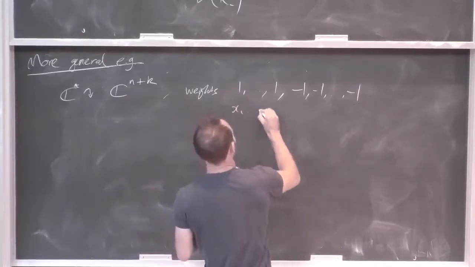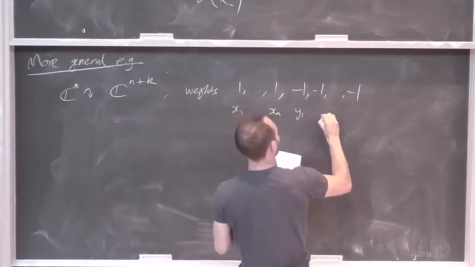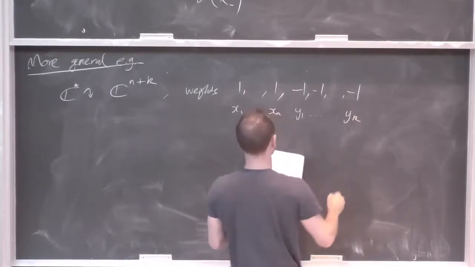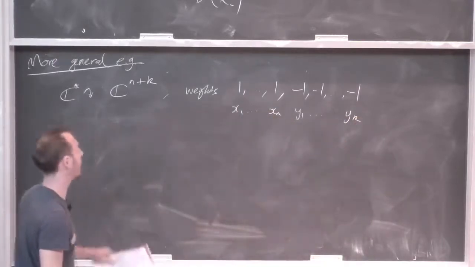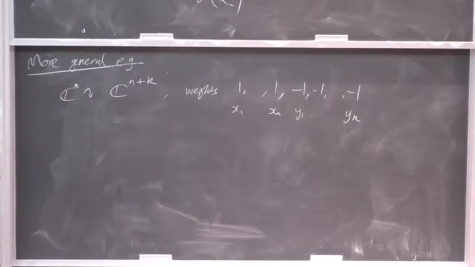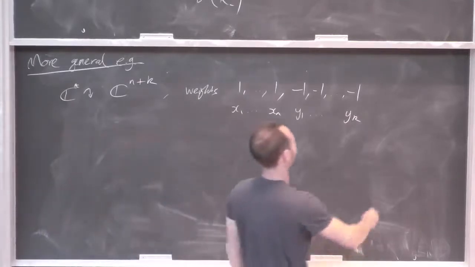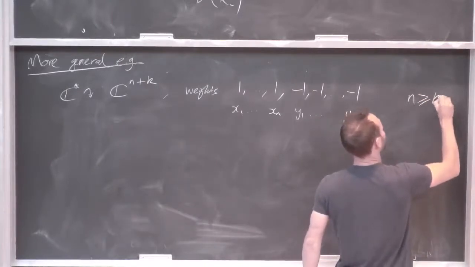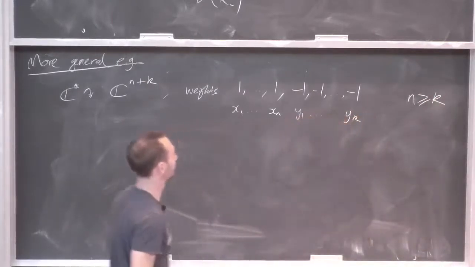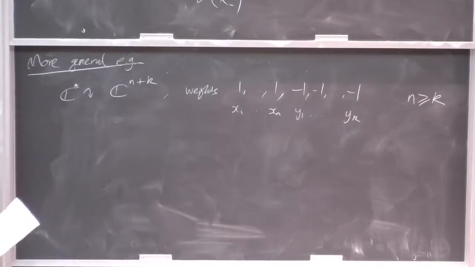So this is x_1 up to x_n, and y_1 up to y_k. And just for simplicity of speaking, let me say that n is bigger than k. It doesn't matter. I just don't want to have to keep changing the options.